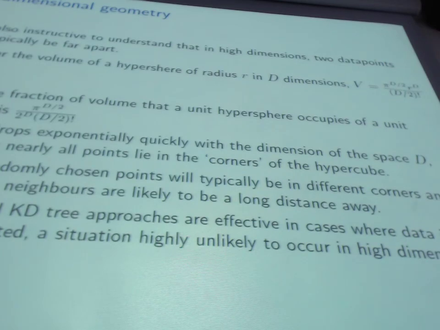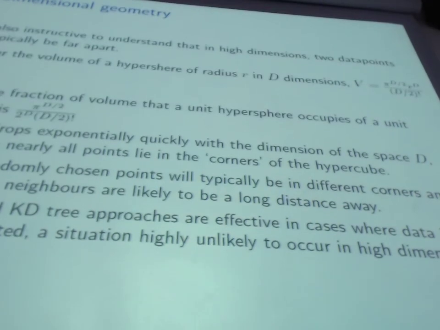You could compute all the distances between the data points, and you could write down a histogram of those distances. You get some distribution of the distances between data points.